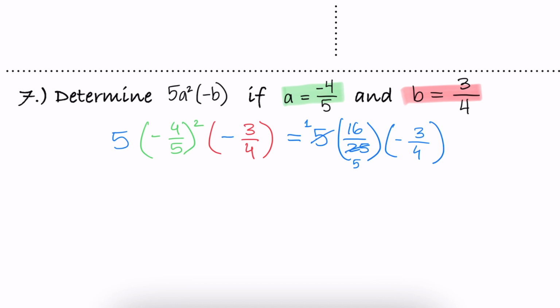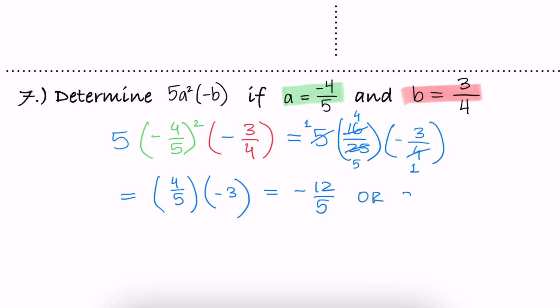Then 4 goes into 16 4 times, so this becomes 1, this becomes 4, and now our multiplication has gotten a little bit easier. If I rewrite this, this is just going to look like 4/5 times negative 3. And that will give you negative 12 over 5. You can also rewrite this as negative 2 and 2/5.